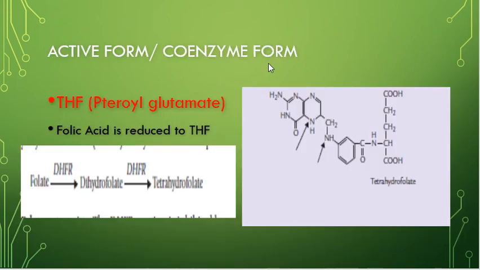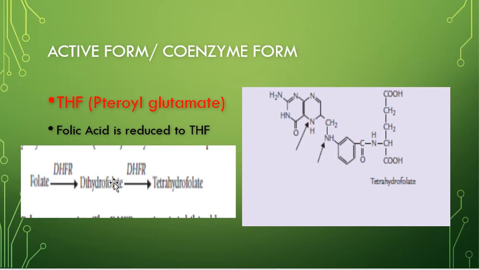Next, the active form or the coenzyme form of folic acid, or how the activation of folic acid takes place. Folate in the human organism must be doubly reduced to become an active coenzyme form, that is called tetrahydrofolic acid or pteroyl glutamate. The reduction takes place stepwise.